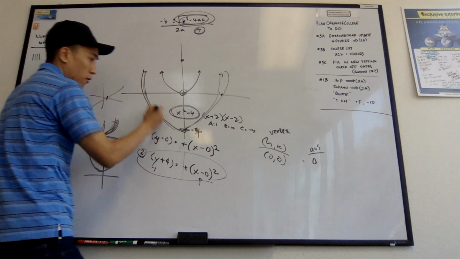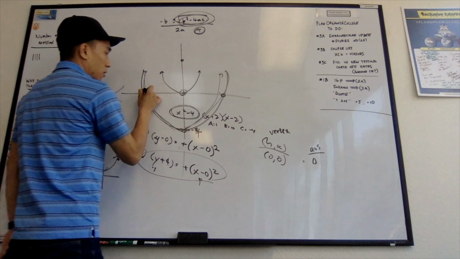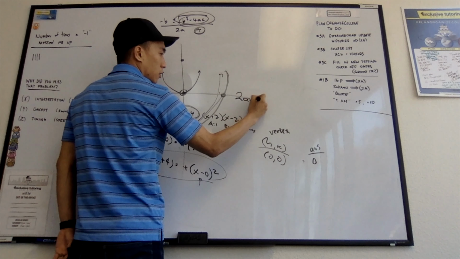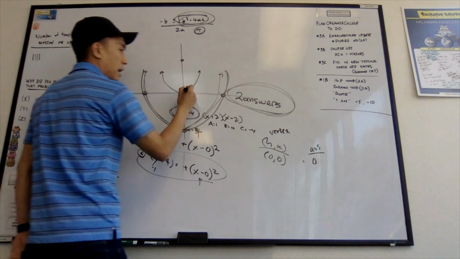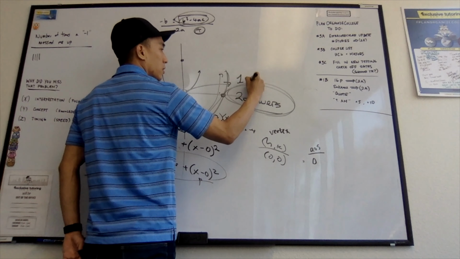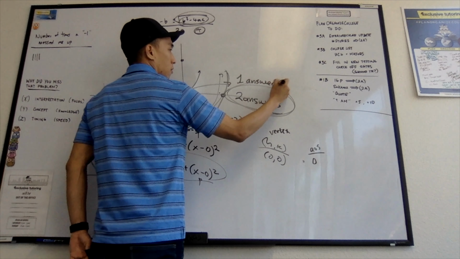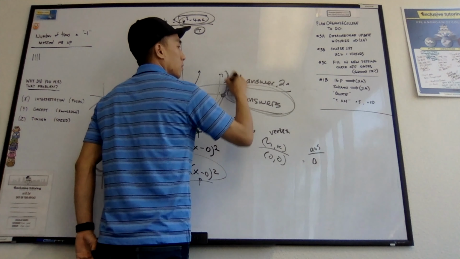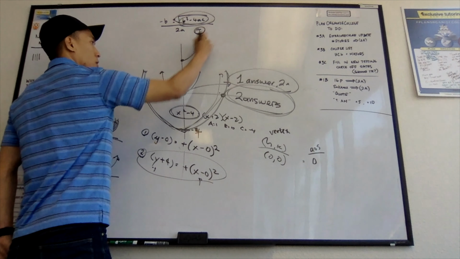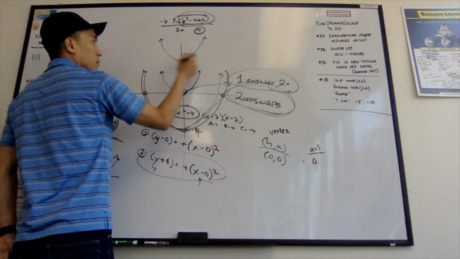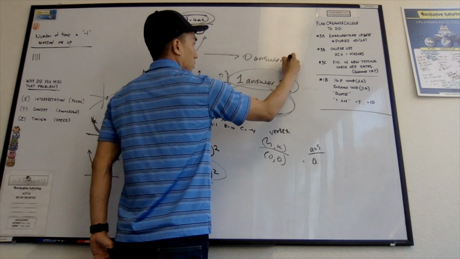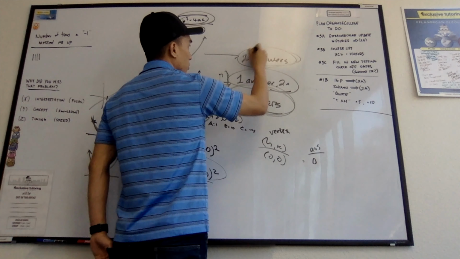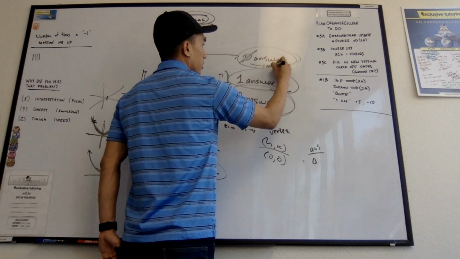We can have 2 answers. We can have 1 answer twice. Or we can have 0 answers. And the 0 answers are what we call imaginary.